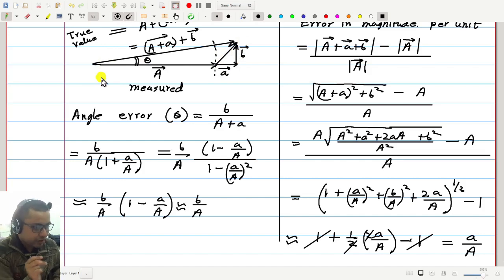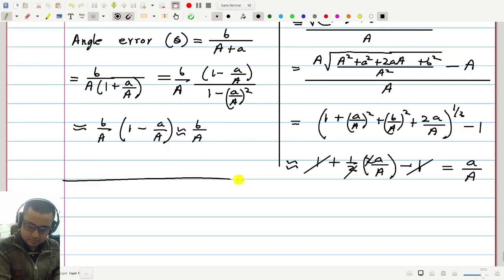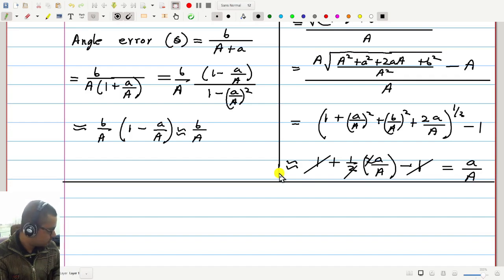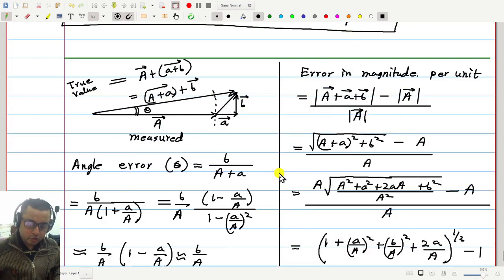Any questions so far? Is it okay? Sir? Yes. So generally when we find relative error, we calculate it as observed minus expected by expected, right? Okay, so your question, I think this is not right.